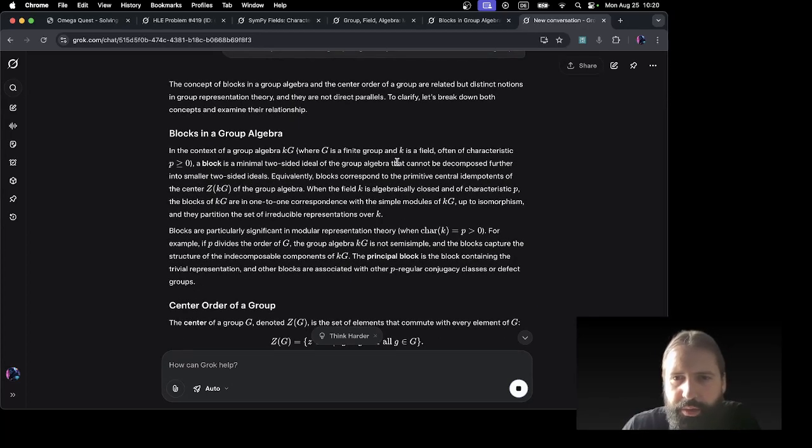It's a minimal two-sided ideal of the group algebra that cannot be decomposed further into smaller two-sided ideals. Primitive central idempotents of the center in the group algebra.